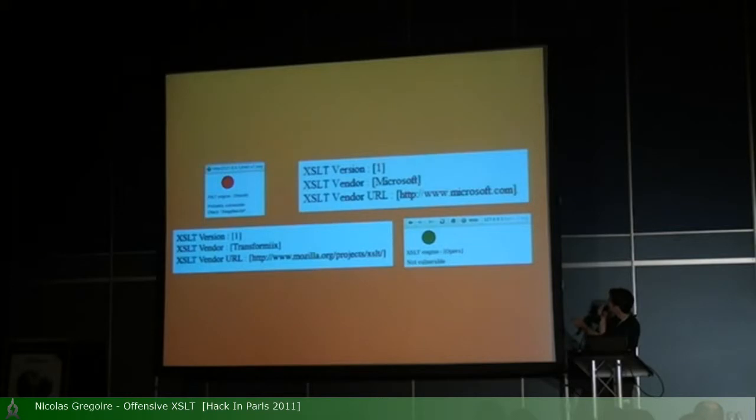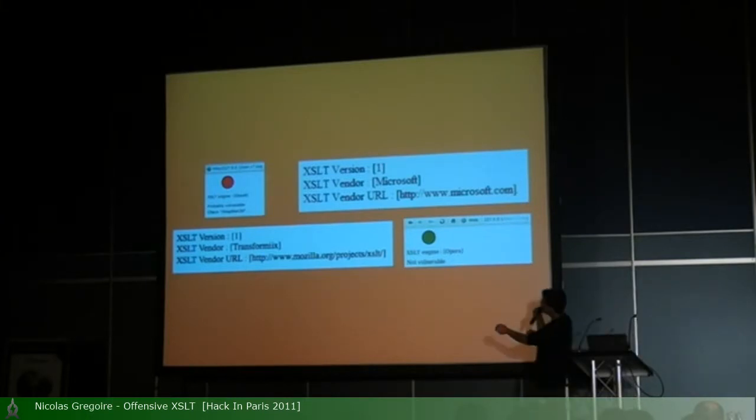So you have Microsoft, Firefox, Opera, and Chrome. libxslt is used in Chrome and Safari and iPhone, etc. We see here that this image is generated automatically. So you have a red dot if the engine is vulnerable, and a green dot if not. So it's really easy to check the result.